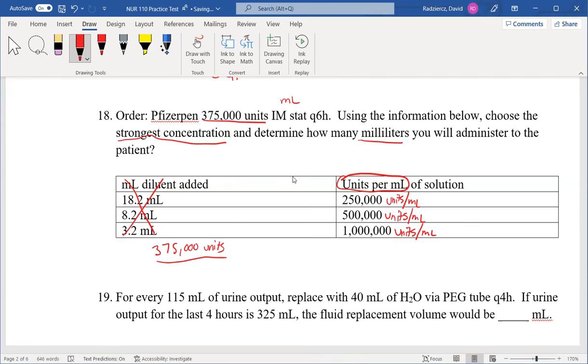So 1 million is the strongest, times the 1 milliliter. I'm going to use my 3 and 3. I take the least number of zeros, 3 up here, so I'm only going to take away 3 in the bottom. So 375 divided by 1,000.